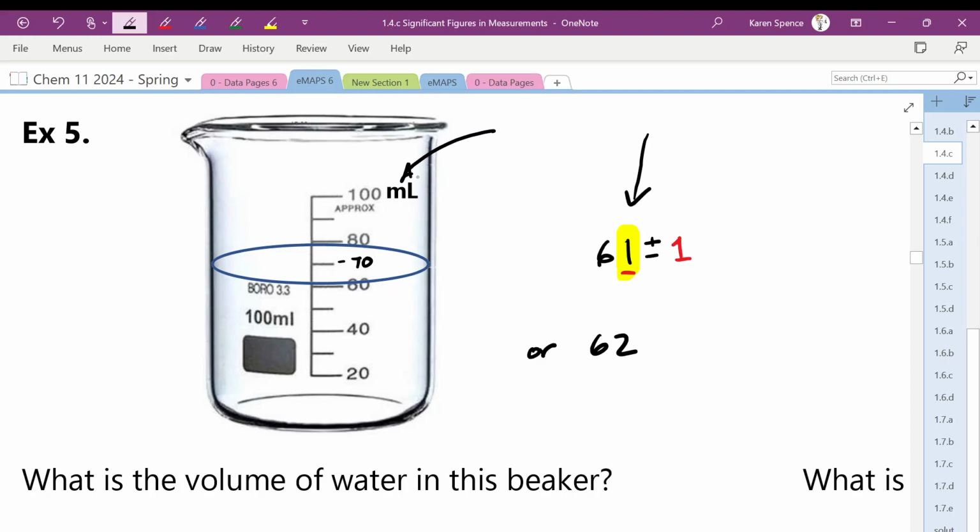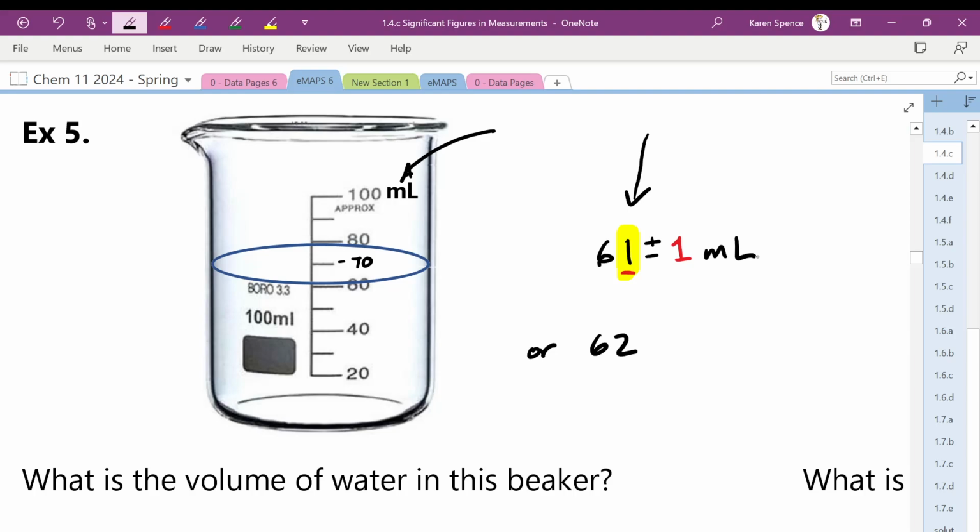I think I've gone through all the workbooks and made sure everything has a unit on it, but if I'm missing one at any point, just ask me. So in this case, our unit is milliliters. Are we thoroughly satisfied with that measurement now? So close, but not quite.